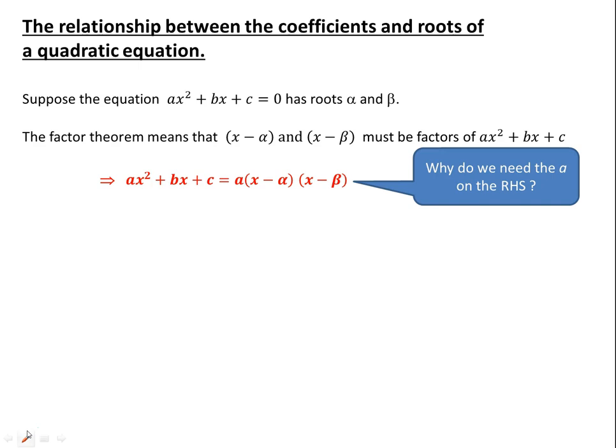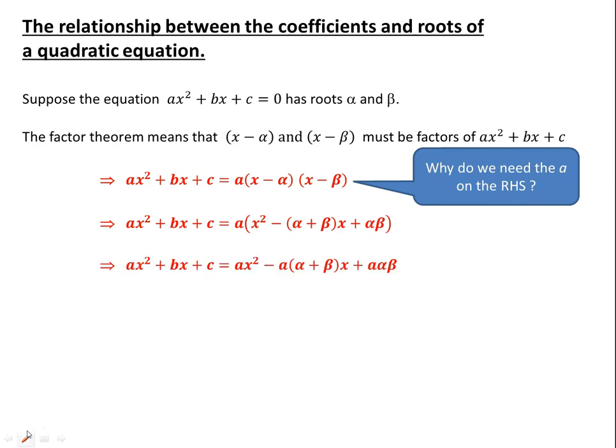If we now multiply out the right hand side, we get ax squared plus bx plus c on the left hand side equals a times x squared minus alpha x minus beta x plus alpha beta. In other words, I've got ax squared plus bx plus c equals a times x squared minus a times alpha plus beta times x plus a times alpha beta.